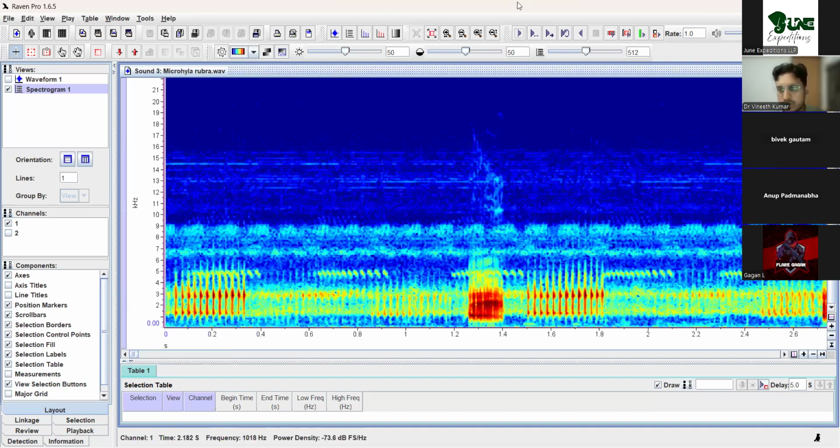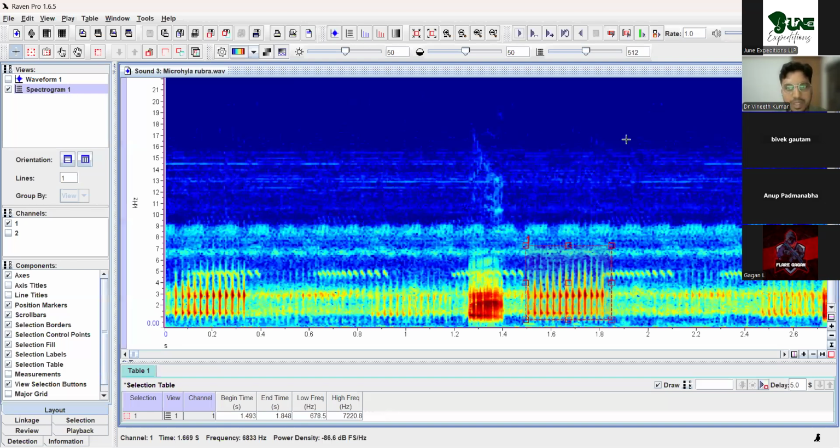One minute. Play that and play this and see. So the different species will look different on the spectrogram as well as the waveform. Even the waveforms, if you see, are totally different.